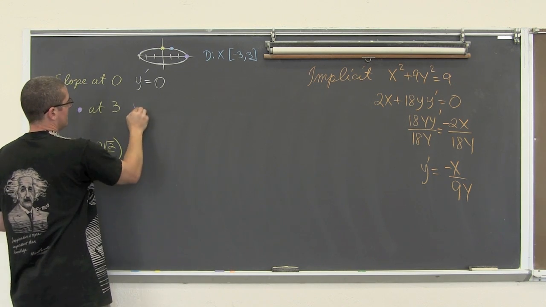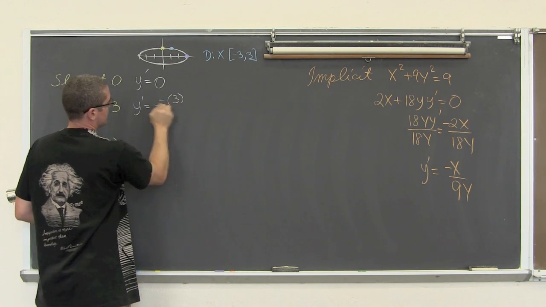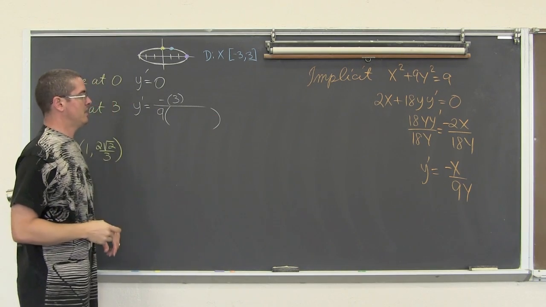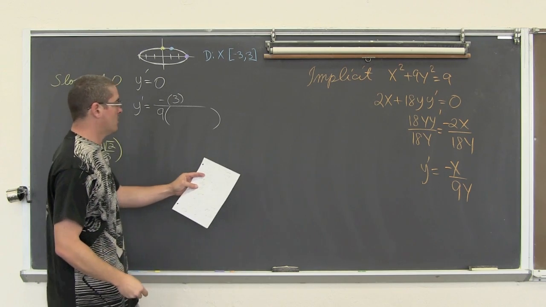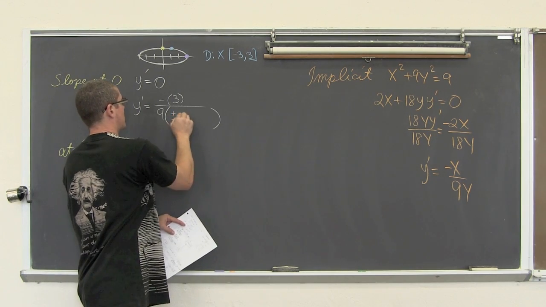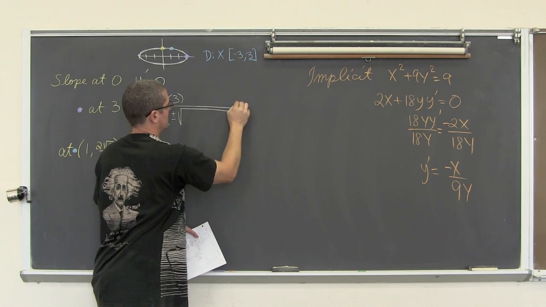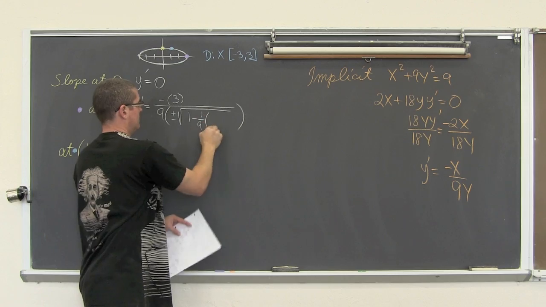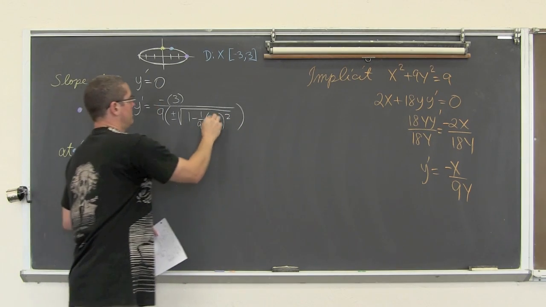Now what about at 3? Well, that's going to be y prime is equal to negative x over 9 times y, with x equal to 3. Why did I erase that y value? I don't want to make a mistake here. So y is the plus or minus the square root of 1 minus 1/9 times x squared, where the x value is 3.